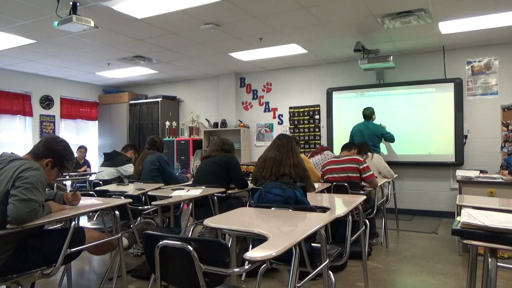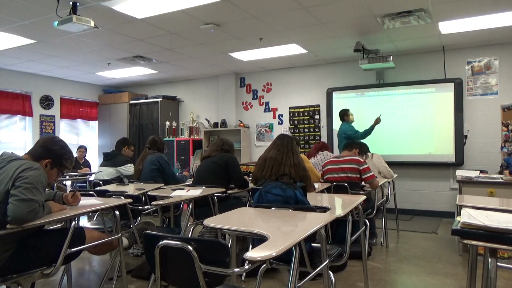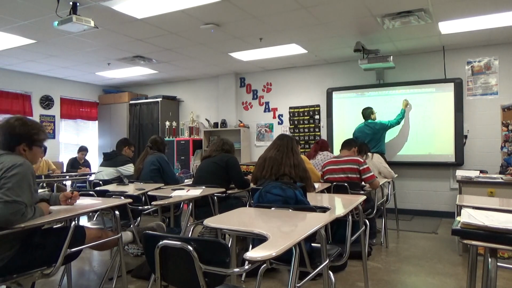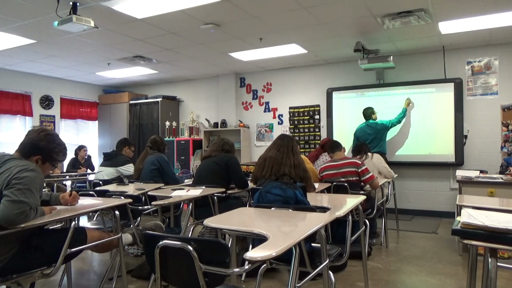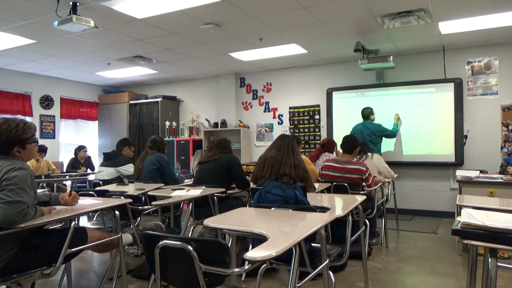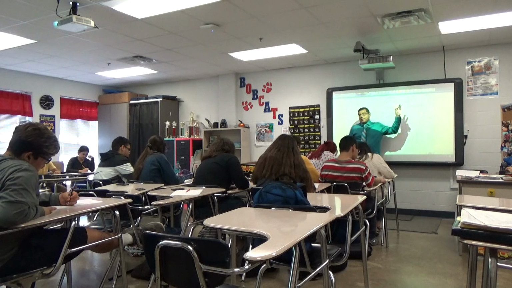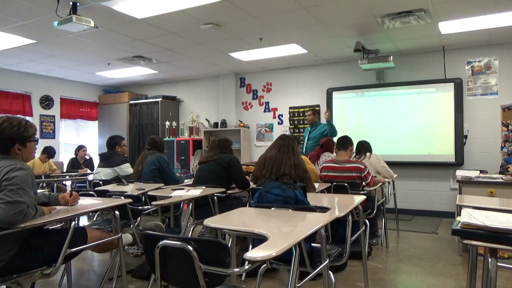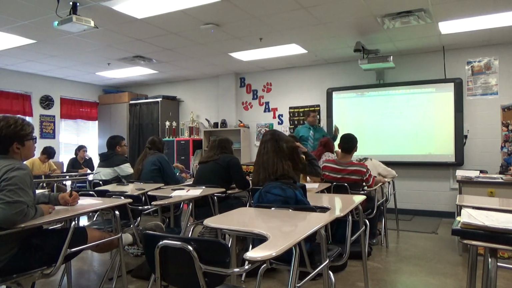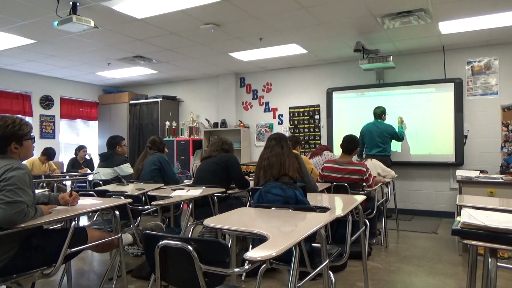You have to be careful with the negative or positive signs. How about here? I have negative 4, and I distribute. Negative 4 times x, negative 4x. How about the other one? Negative 4 times negative 3: negative 12, no, positive 12. Yes.